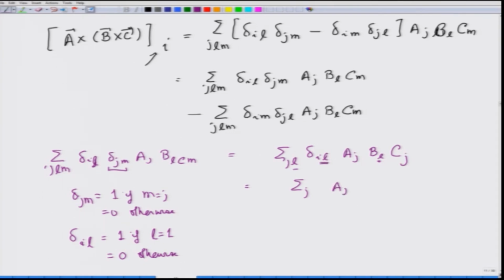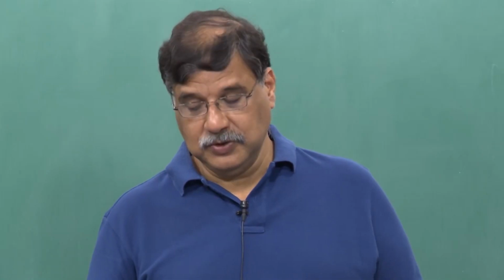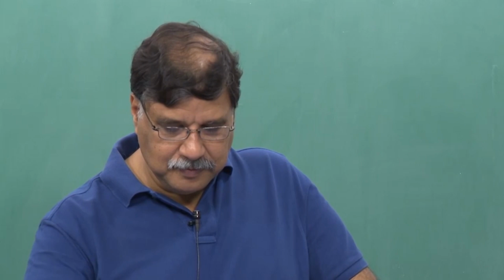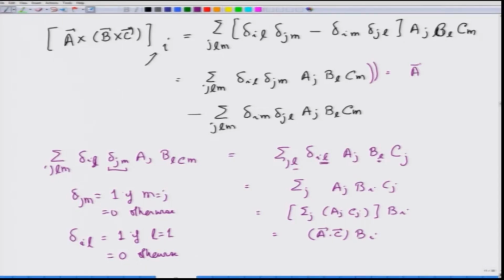So I get A j B i C j, which I can write as summation j A j C j B i. Summation j A j C j, which is A 1 C 1 plus A 2 C 2 plus A 3 C 3, is nothing but A dot C B i. So you can see that the first term is nothing but A dot C B i.